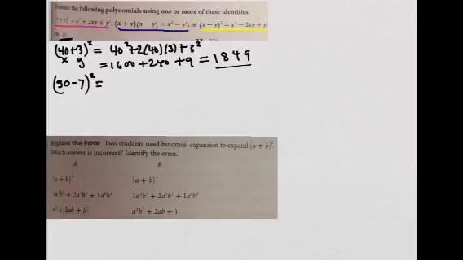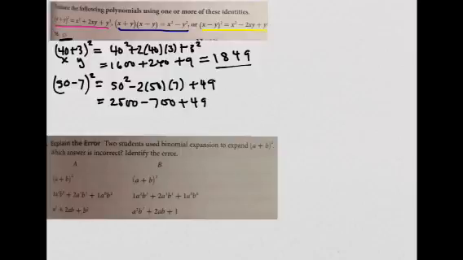So then it's going to be 50 squared minus 2 times 50 times 7 plus 49. 7 times 7 is 49. So then you get 2500 minus 700 plus 49. So 2500 minus 700 is 1800 plus 49 is 1849.